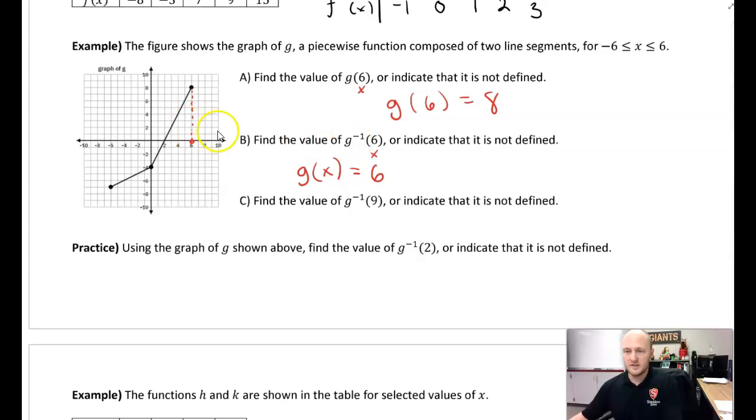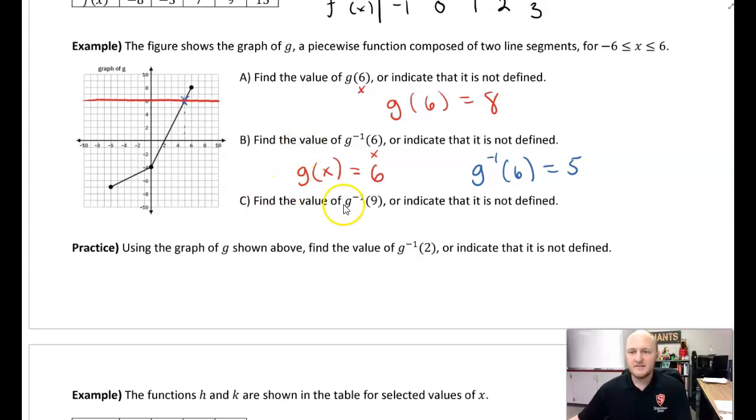So you could solve this by graphing. I can graph the line 6. There it is. And notice the intersection's right here. And so that x value is 5. So g inverse of 6 is equal to 5.